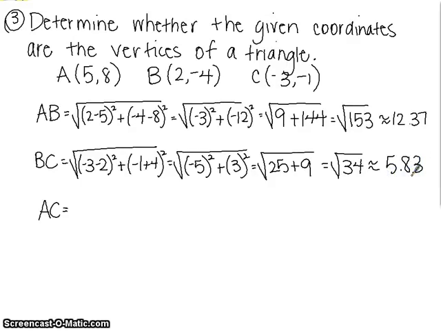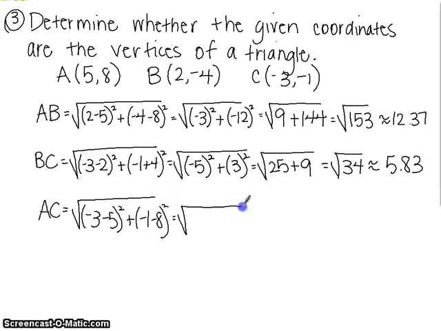Okay, let's see what our third side is. So AC, negative 3 minus 5 squared plus negative 1 minus 8 squared. Okay, so we have a negative 8 squared plus a negative 9 squared.